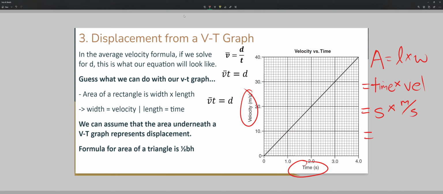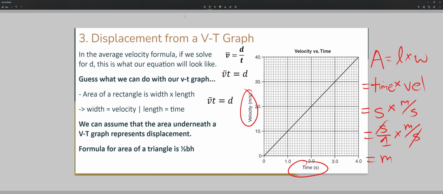If you were to resolve your units here, the seconds is on the numerator, so essentially it's the same thing as s over 1. If you multiply these two units, the seconds cancel out, and you're left with meters. Well, what does the area of a velocity time graph give you?